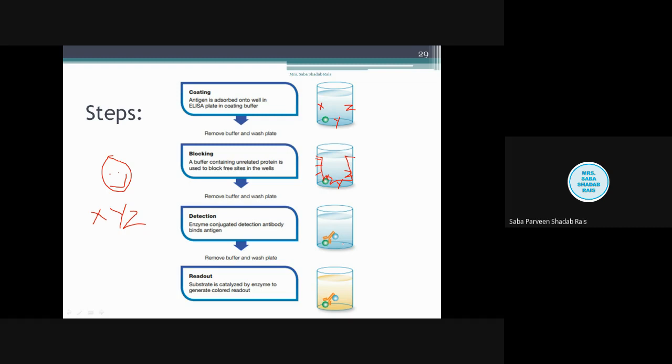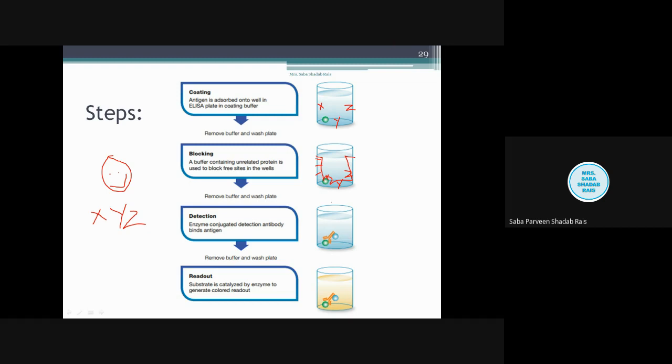Now see, detection. If we have to find out any type of antigen, we know that antigen and antibody are very specific. Antibodies are designed, or you can say they have the proper structure or proper binding site, which attaches its paratopic region to the epitopic region of the antigen.